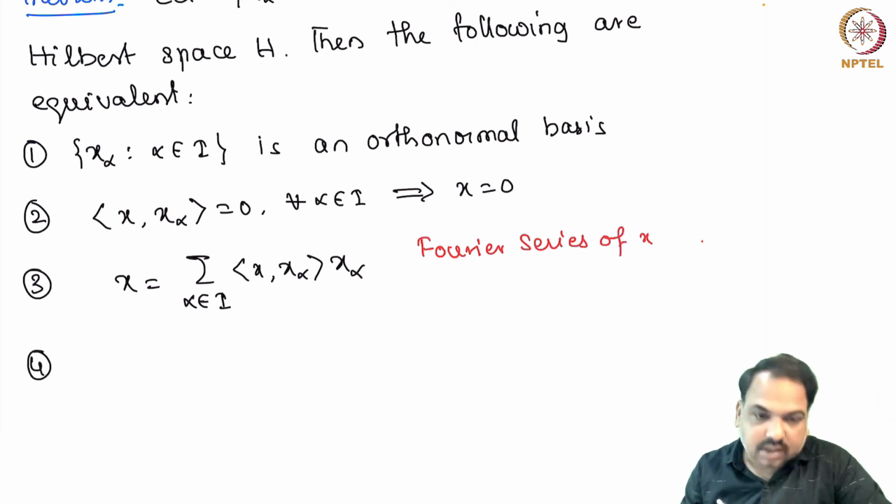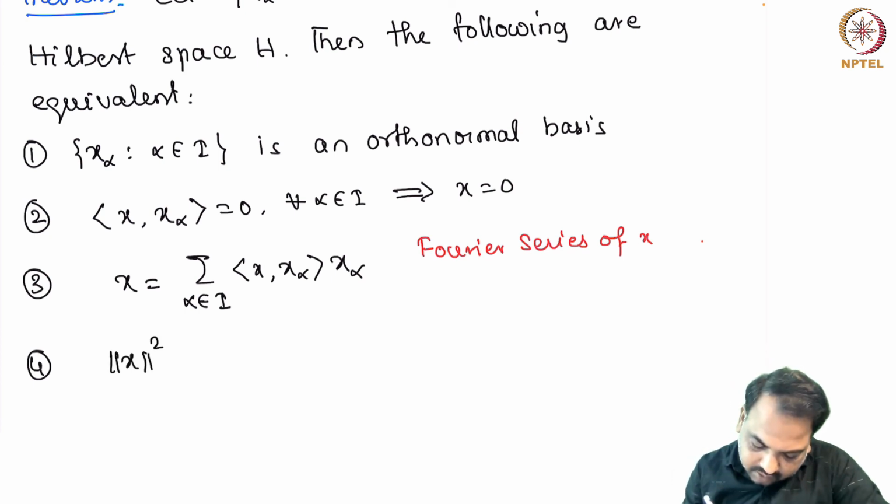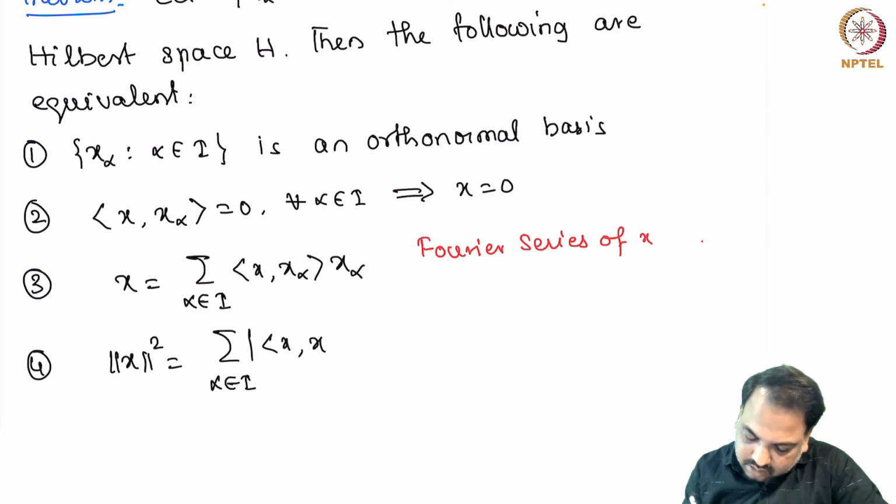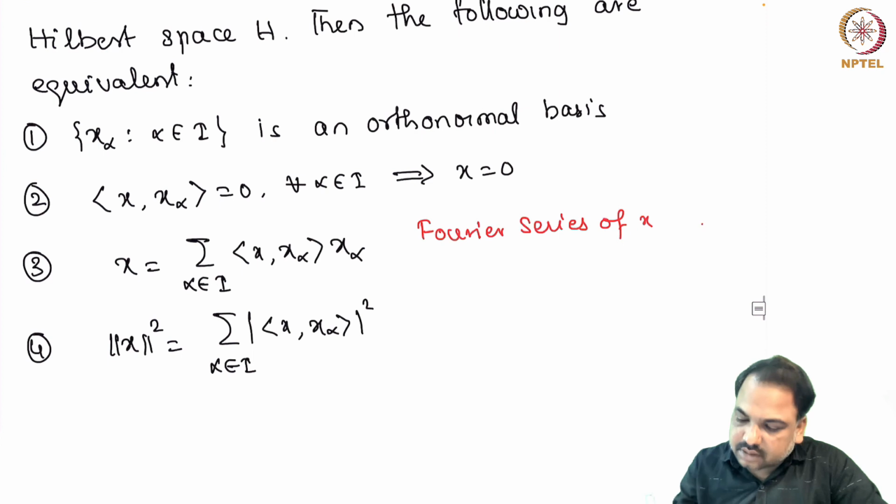The fourth equivalent condition is by looking at the norm of x. Look at norm of x squared. This is nothing but summation over alpha in I of modulus of inner product of x with x_alpha, squared. This is known as Parseval's identity.